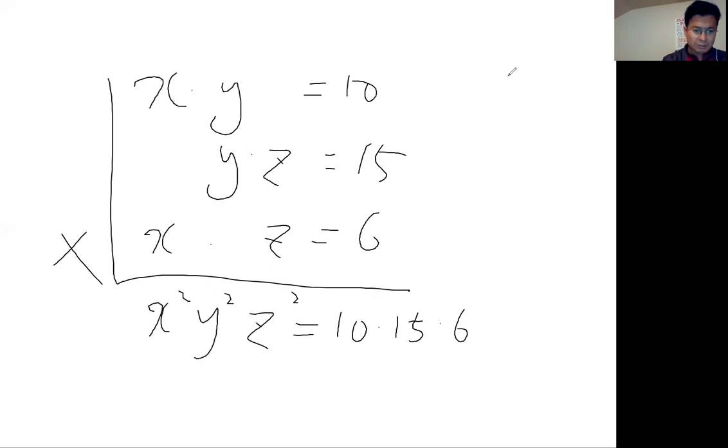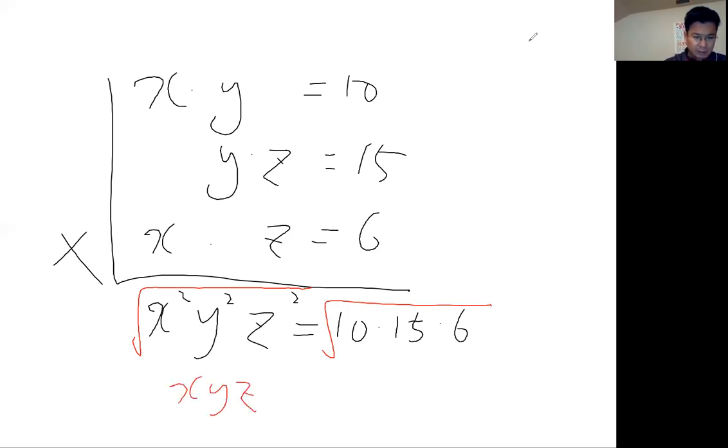And then simply you can put radicals. So XYZ has to be, this is 2 times 5, 3 times 5, 2 times 3, which is 2 times 3 times 5.